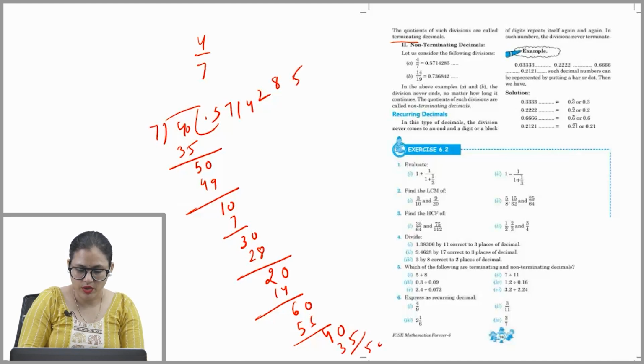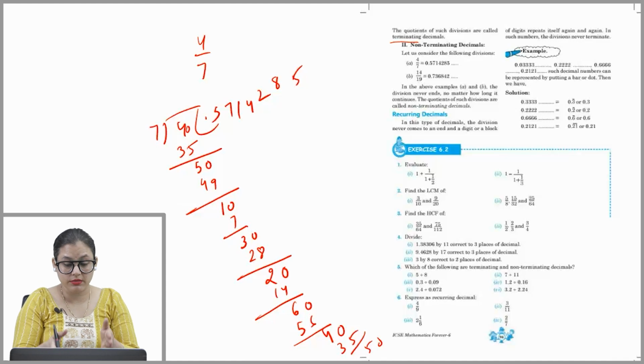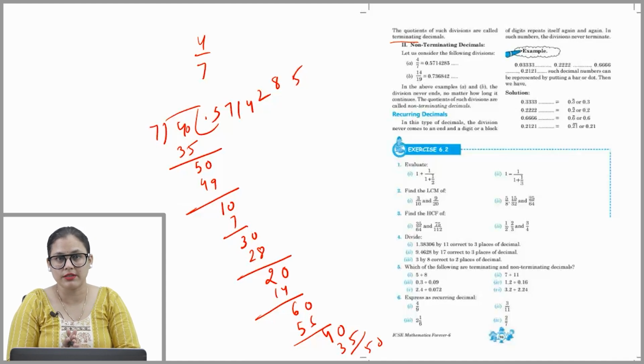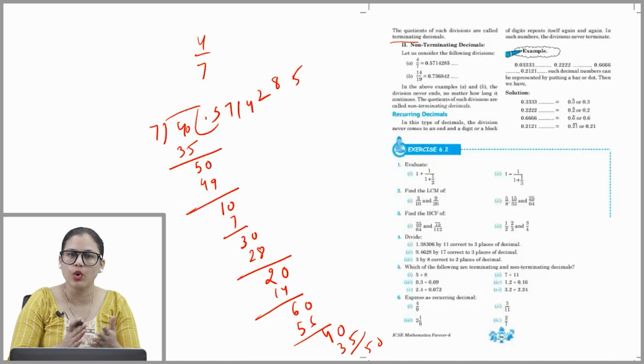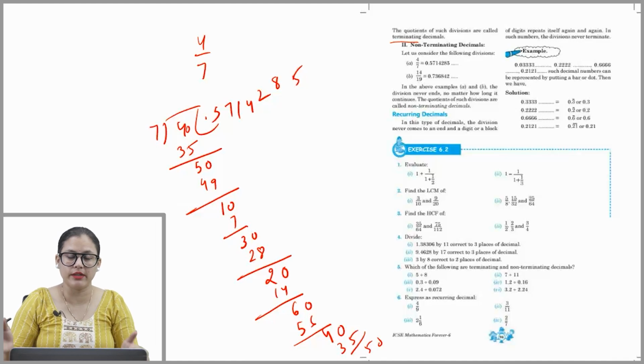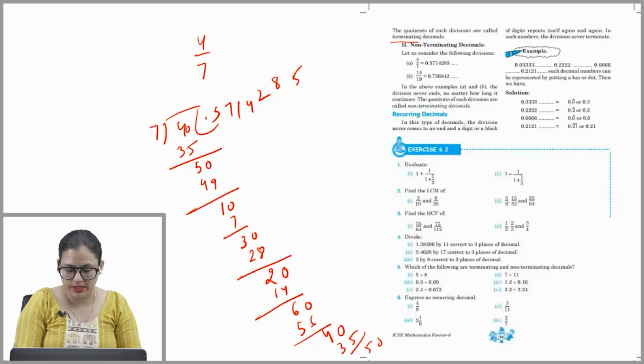Then 5, then 0. And in this way, this division will not get a zero remainder. Okay. So in this example, the division never ends, no matter how long it continues. The quotient of such divisions are called non-terminating decimals.